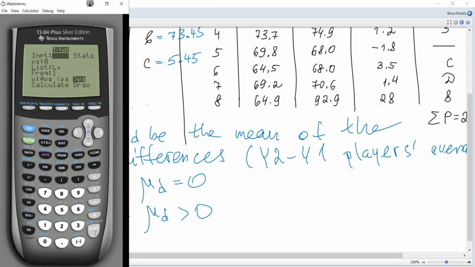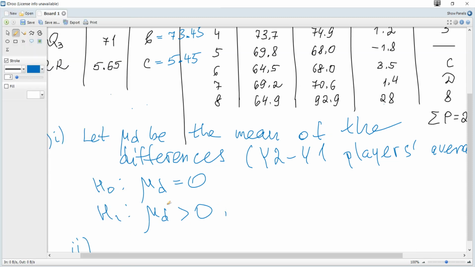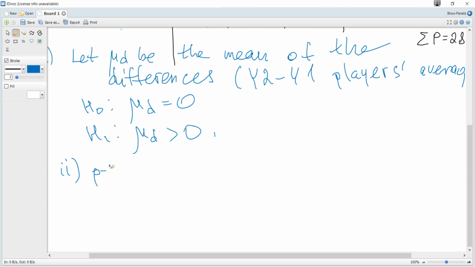So it's t-test, mu0 is 0, list is L4, frequency 1, and it must be greater than, like this, and just calculate. You can see that the p-value is 0.134 to 3 significant figures. So the p-value is 0.134, and the conclusion in context.